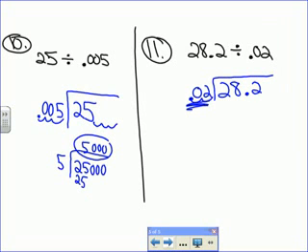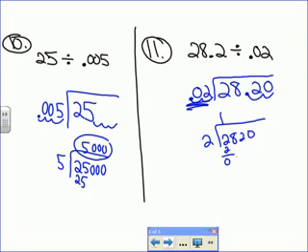So if you move it 2 places, you could also move this one 2 places, and I'll just add a 0. So 1.